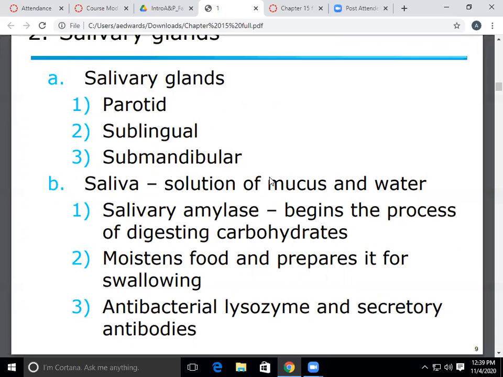Remember, that's one of our 4 classes of biomolecules. Moistens the food, prepares it so you can swallow the food. You also have antibacterial lysozymes that can break down bacteria, as well as secretory antibodies, right? Part of your immune system, help you fight infection, because that's one of the entry points to your body, right?